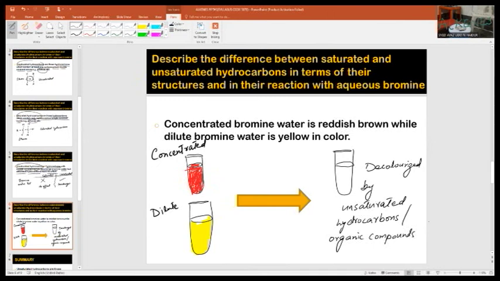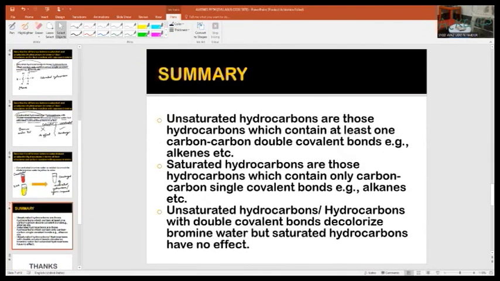As I mentioned earlier, saturated hydrocarbons or organic compounds have no effect on bromine water. Obviously, there won't be any reaction taking place here.